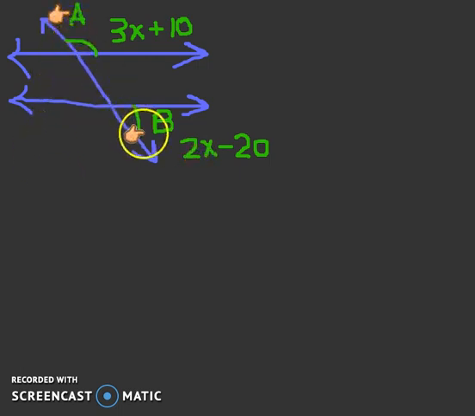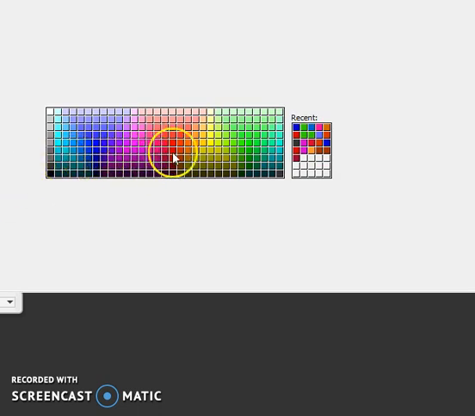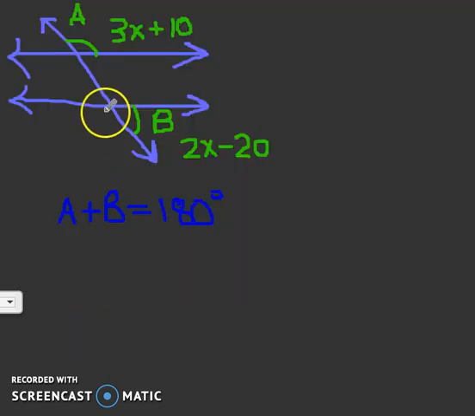So if angle A plus angle B equal 180, then we can substitute in what angle A and what angle B equal, which is A is 3x plus 10, and B right here is 2x minus 20.